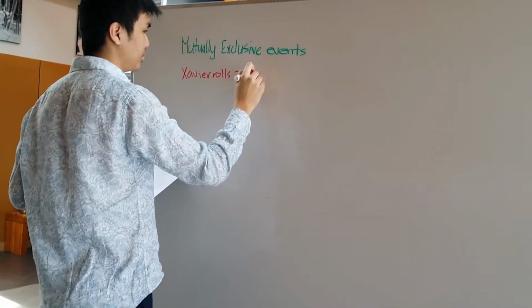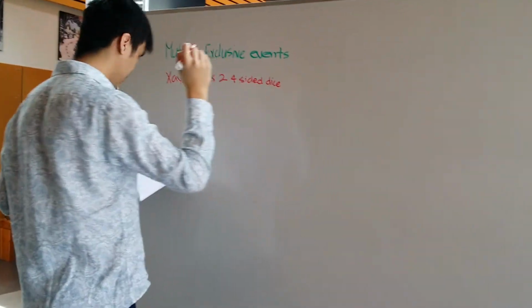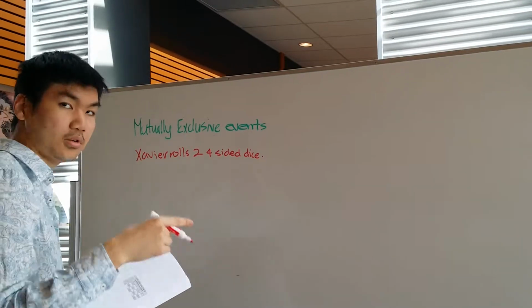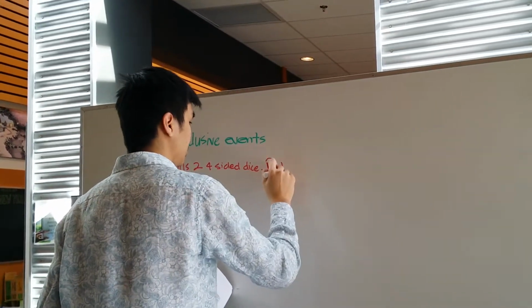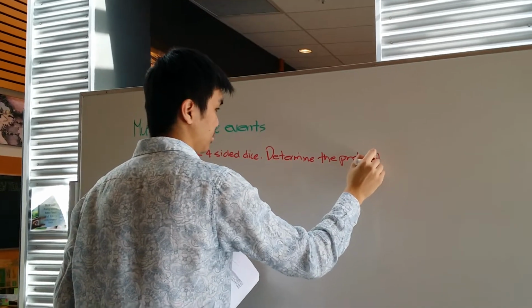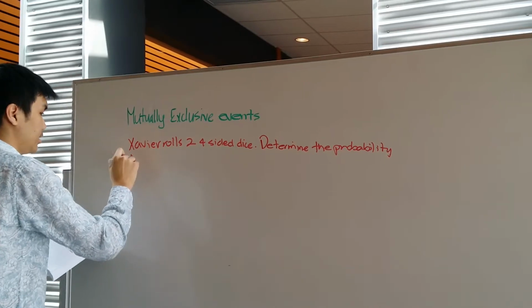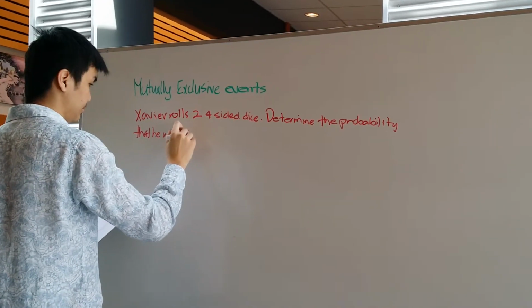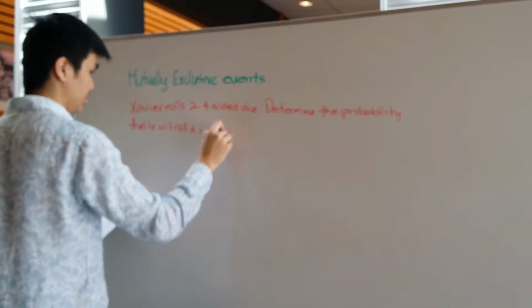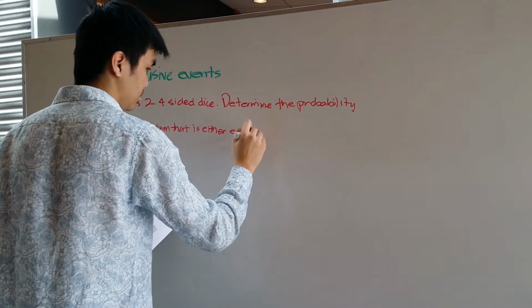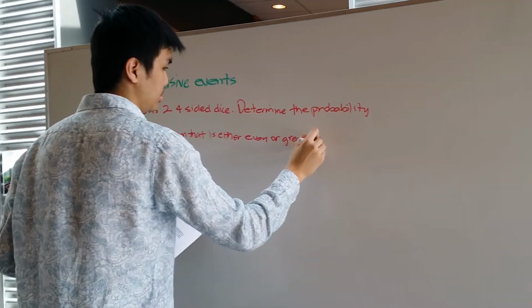Determine the probability that he will roll a sum that is either even or greater than 5. Right? So step 1.